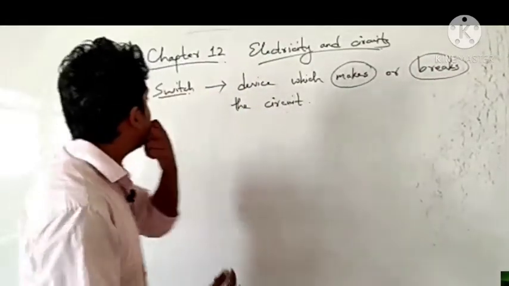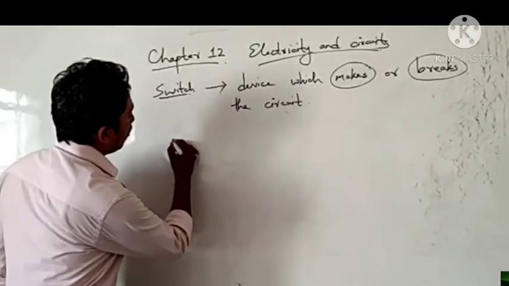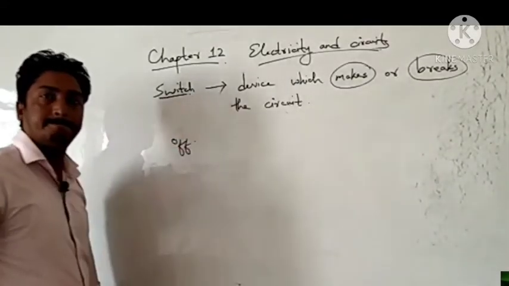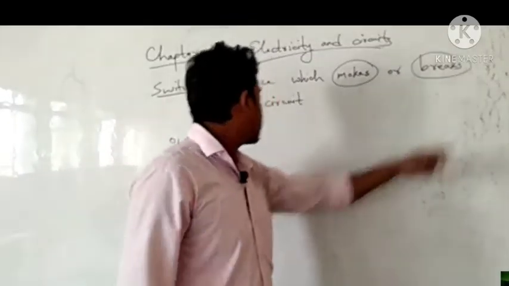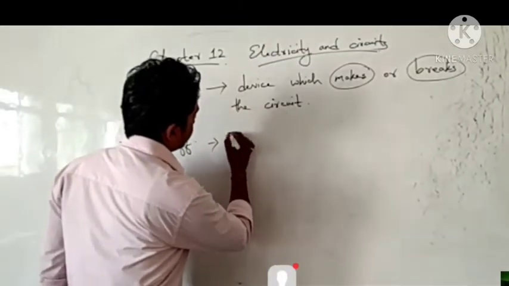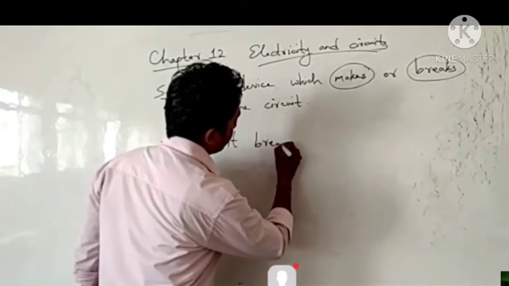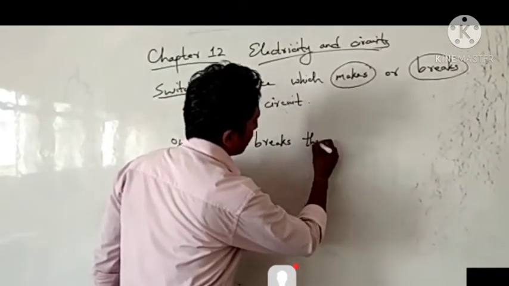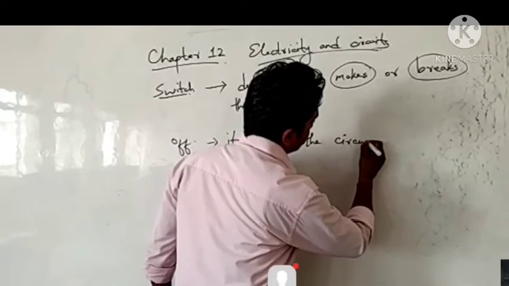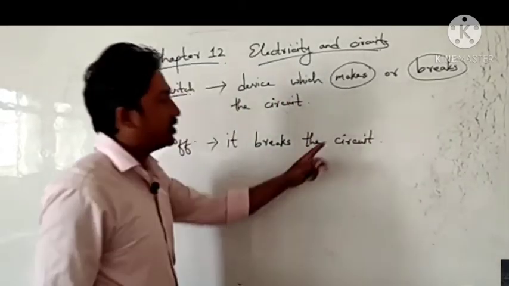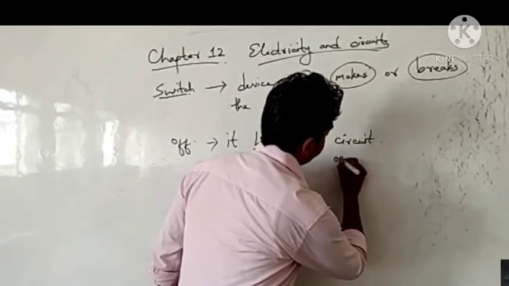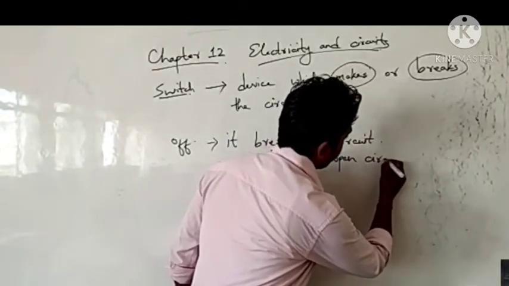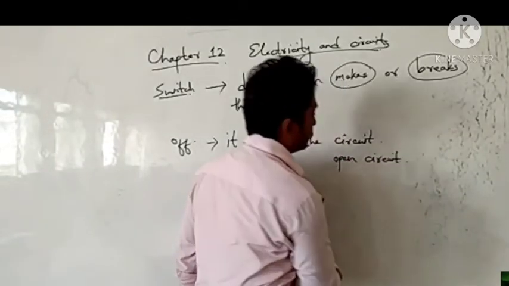Okay, so if the switch is in off position, that means it breaks the circuit, and that type of circuit is known as open circuit.